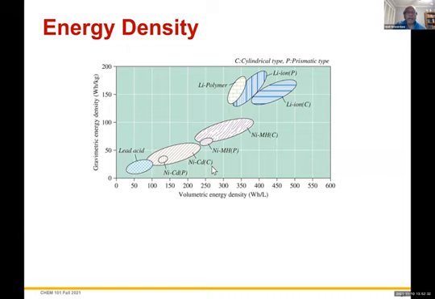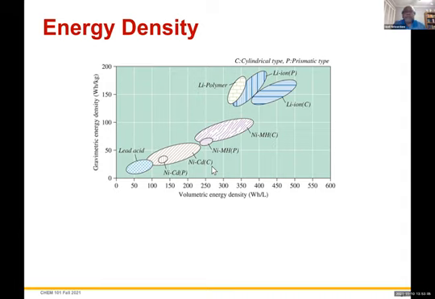The lead acid batteries have the lowest energy density, volumetric energy density, volume-wise, and also weight-wise is the lowest. So that's the lowest energy density. So the car battery cannot be used as a battery to run vehicles.